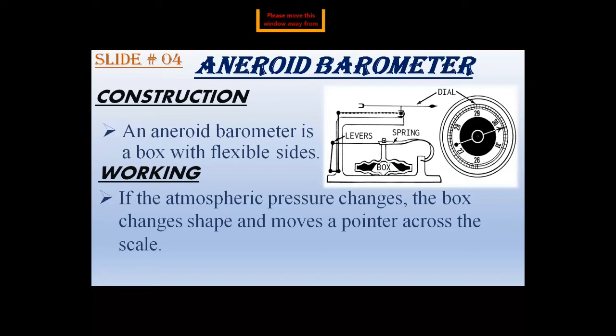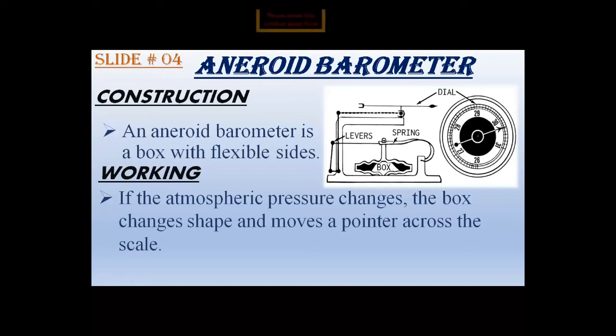The needle shows the change in air pressure. If it moves clockwise, as we know what clockwise is, up the dial, the pressure has increased, so the weather is likely to get hotter, drier, and finer.